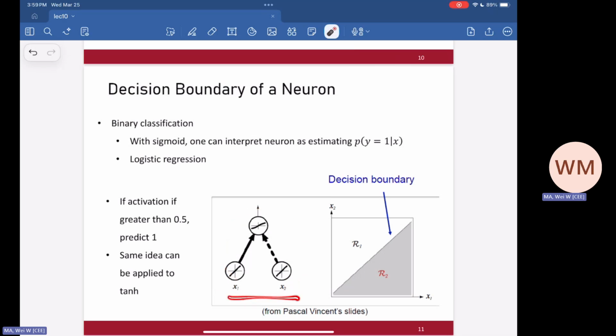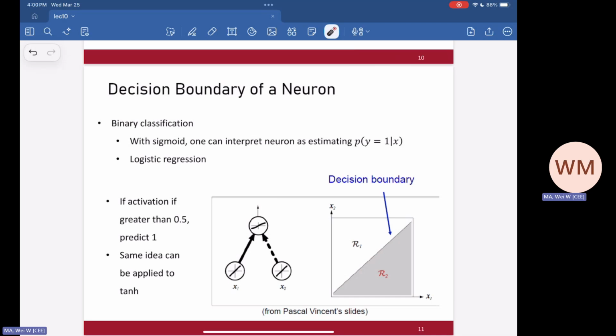For example, our input is 2-dimensional, and here we are using the sigmoid as logistic. So basically, this is a 2-dimensional logistic regression. Your decision boundary is definitely something like this. There will be a straight line cutting the whole plane into two parts. One part is 0, another part is 1.